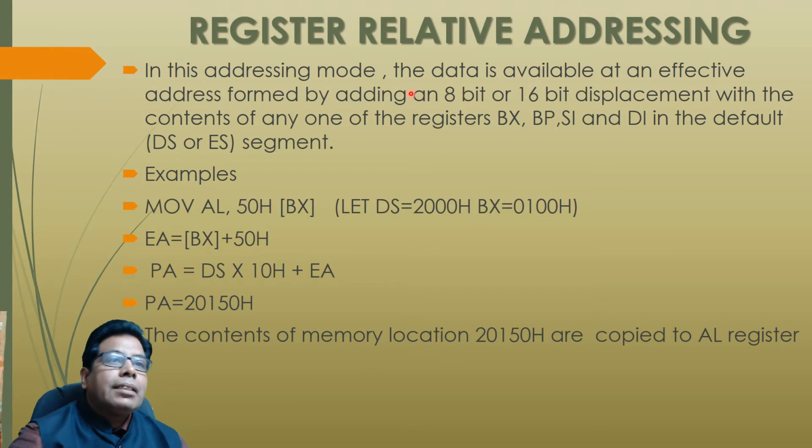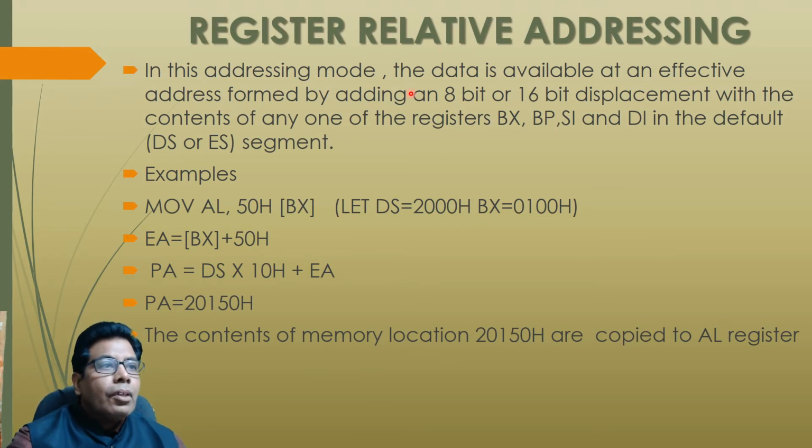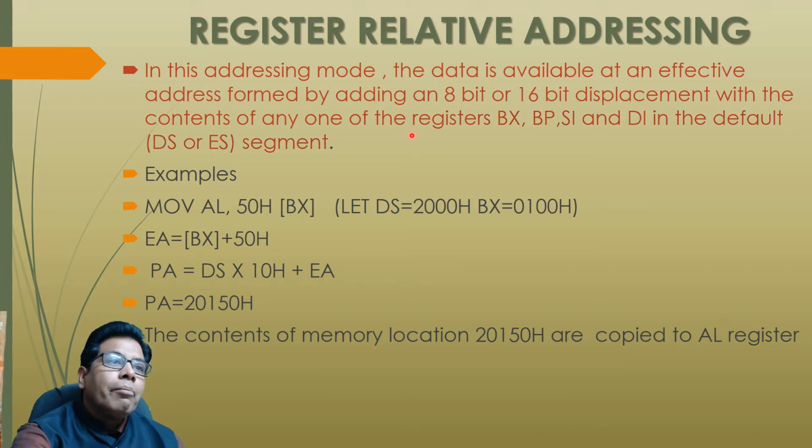Then we have register relative addressing. Already I have mentioned that in some of the books they have mentioned it as base addressing and index addressing. So if you are considering here all the registers, BX, BP, SI and DI, then it will be same. In this addressing mode, the data is available at an effective address formed by adding an 8-bit or 16-bit displacement with the contents of any one of the registers.